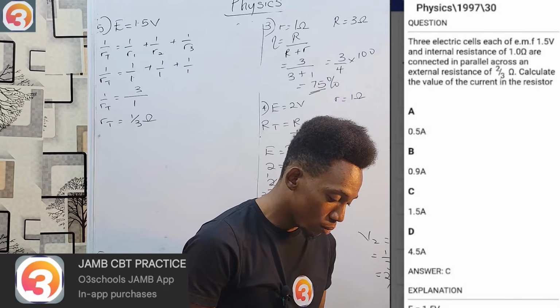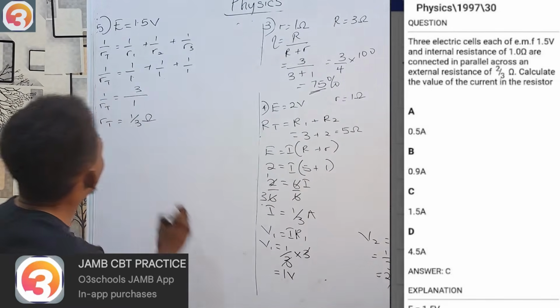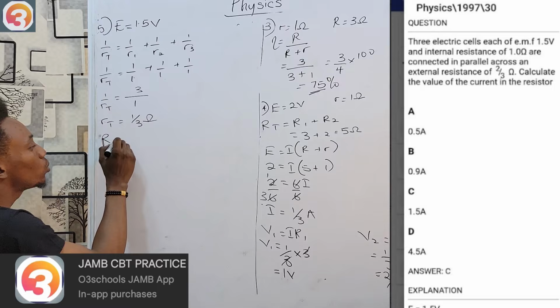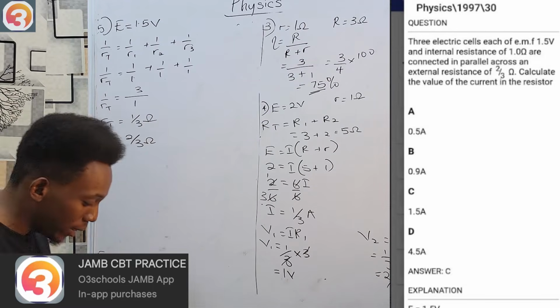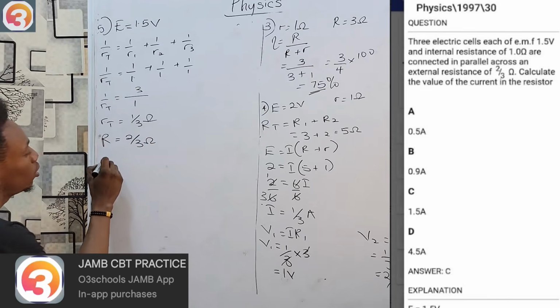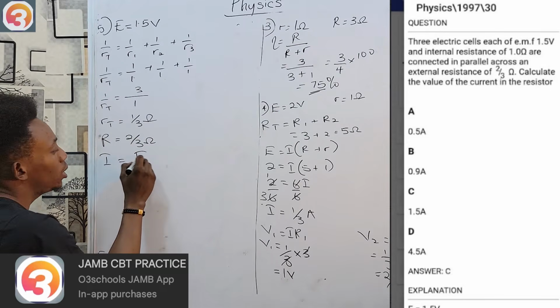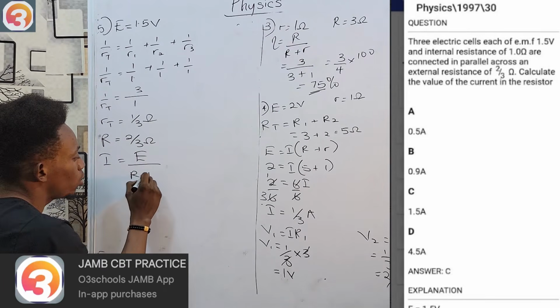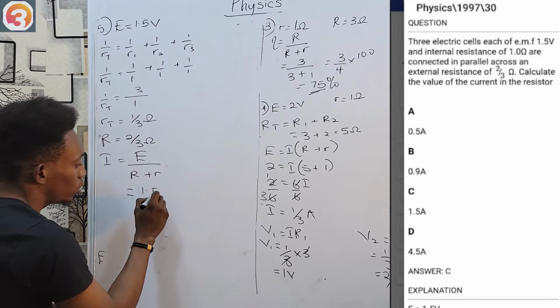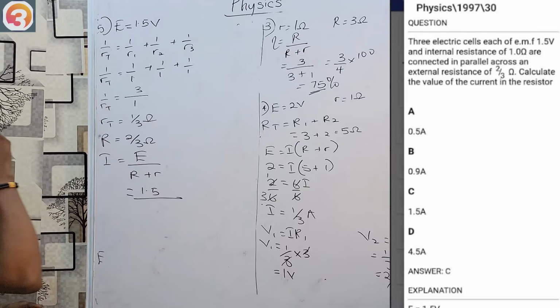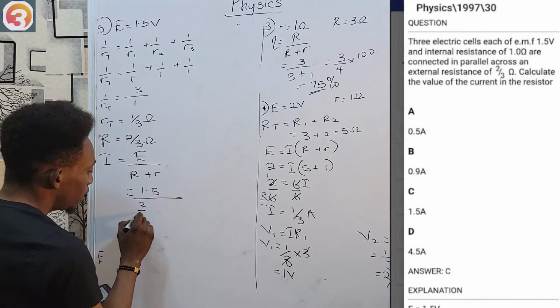However, we're not quite done. We are told that the external resistance, big R, is 2 over 3 ohms. We want to find the current. So I equals E over R plus r. My E is 1.5 volts. My capital letter R is 2 over 3.